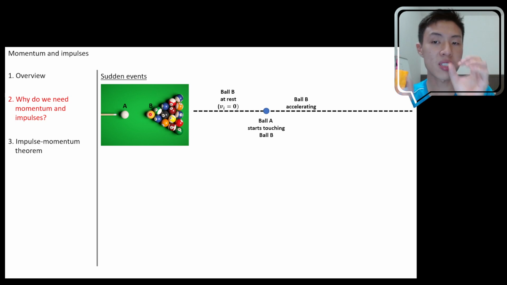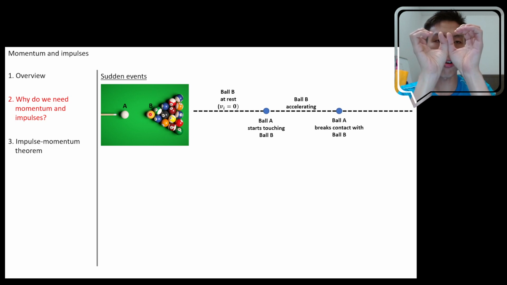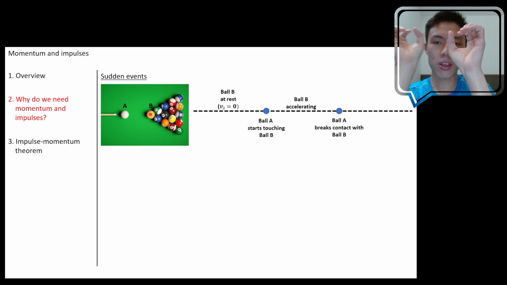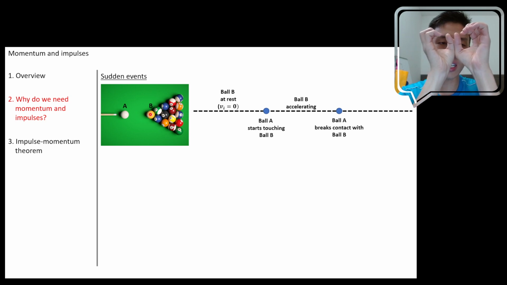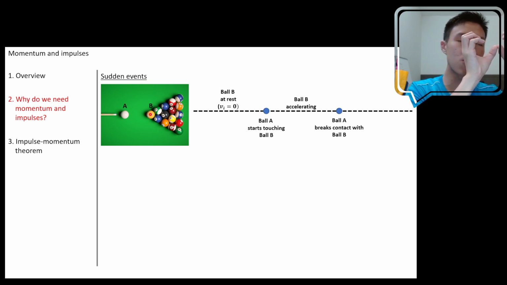Initially it was at rest, but after ball A starts to touch it, ball B accelerates while it is in contact with ball A. At some point in the future, ball B will leave ball A. They lose contact.